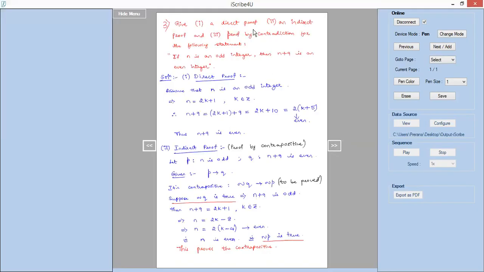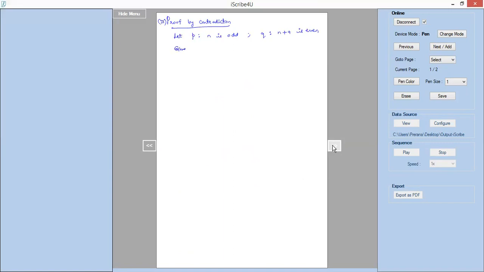So that is what we had here, no? n is an odd integer, n plus 9 is an even integer. So the given statement reads in the form P conditional Q. So what does the proof by contradiction say?